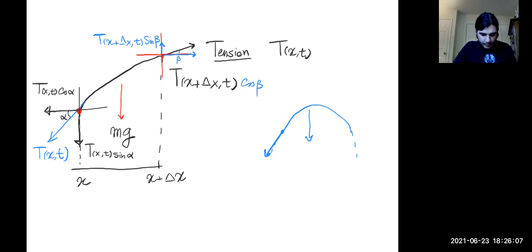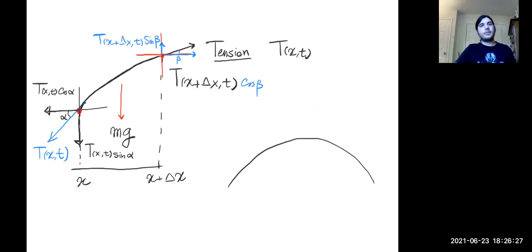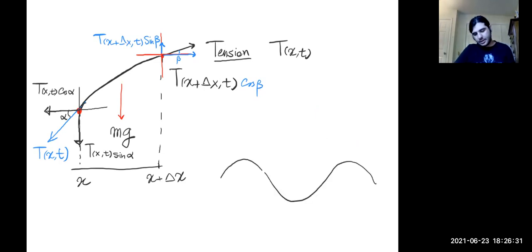Now, this angle is different at different points, right? At some point we showed it with alpha, at the other point we showed it with beta. Let's choose a notation for this angle. So if I'm looking at this string here, which might look like this, or even be more complicated, let's say the string is something like this, and this is my x-axis.